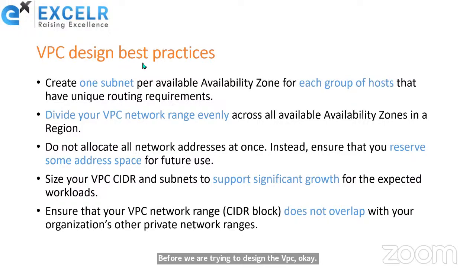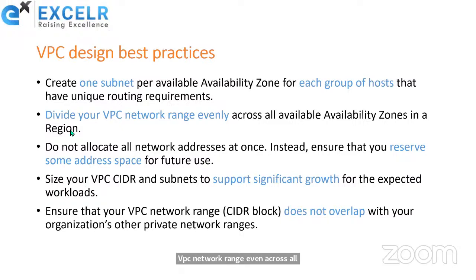So what are the VPC design best practices? Create one subnet per availability zone for each group of hosts that have unique routing requirements. So it is telling us to create at least one subnet if you create a virtual private cloud. Divide your VPC network range evenly across all availability zones in a region.